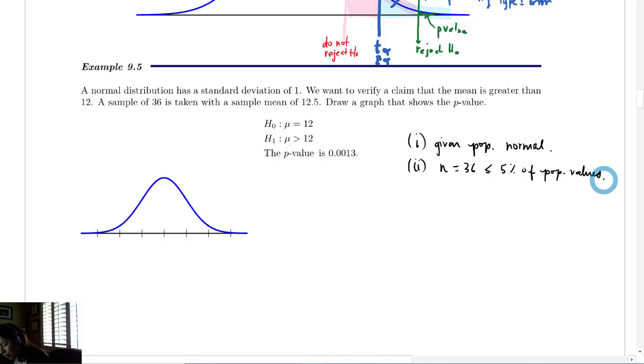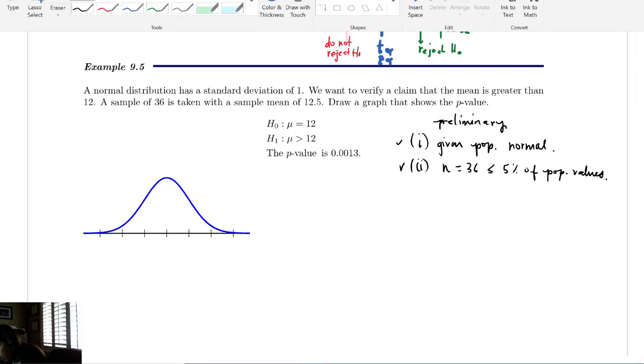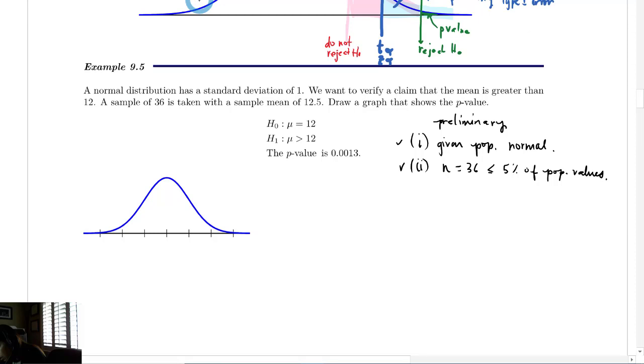We assume this because who knows how many values are out there. So these two preliminary conditions are both satisfied.